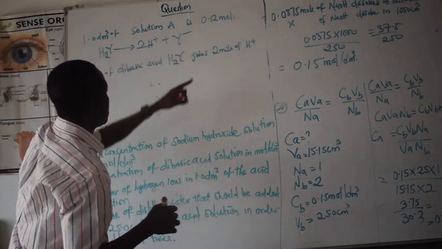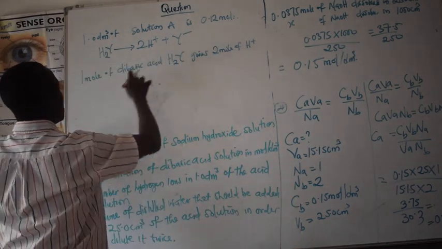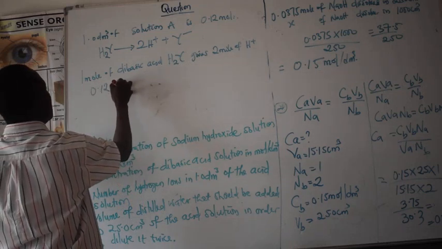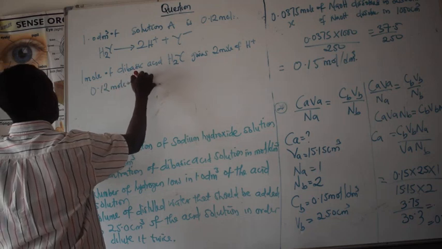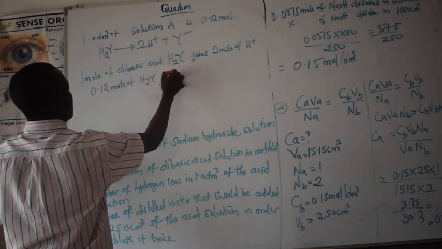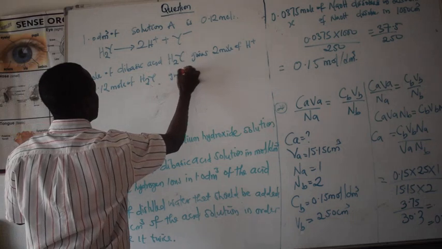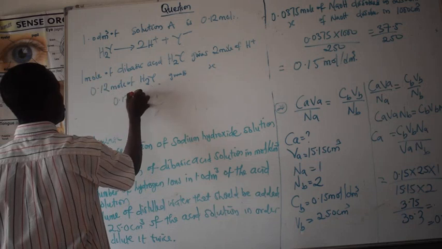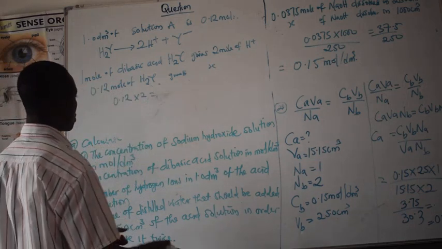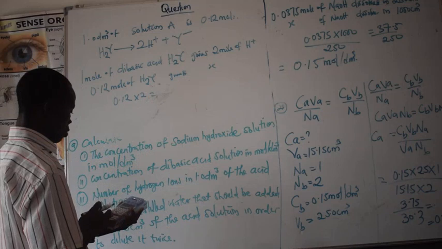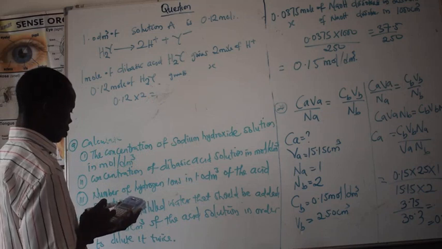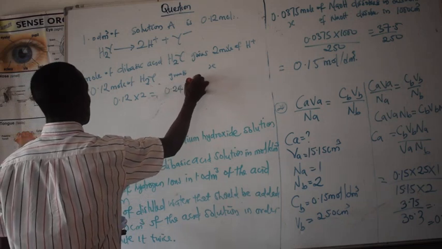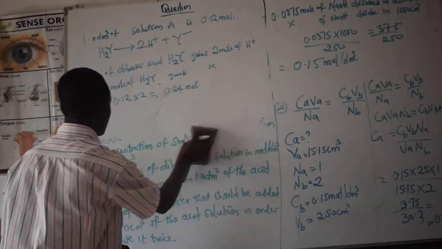So how many hydrogen ions will this one give us? 0.12 mole of H2Y gives X. When we cross multiply, 0.12 times 2 is equal to what? 0.24 mole.